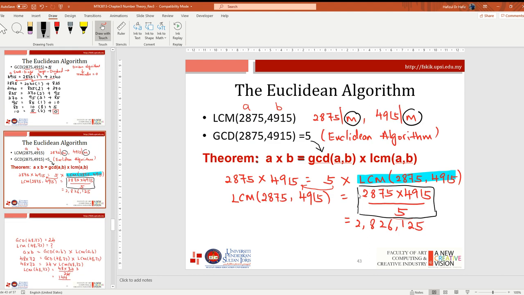Okay, this one is for the LCM. We divide by 5. Okay, we got the LCM, where 2,875 can be divided by 4,915, for the LCM and GCD using the theorem: A multiplied by B is equivalent to GCD of A and B multiplied by LCM of A and B. This one is the Euclidean algorithm.